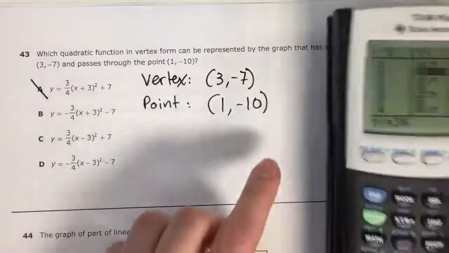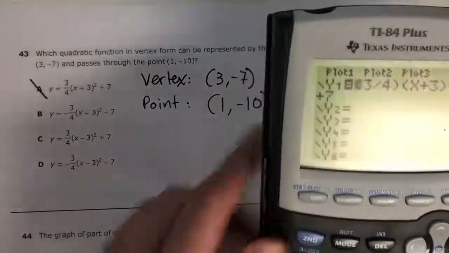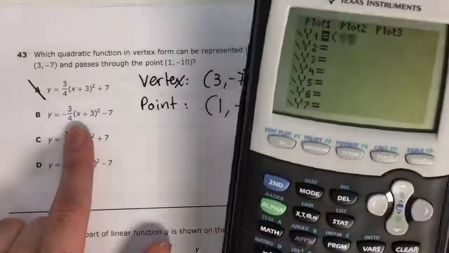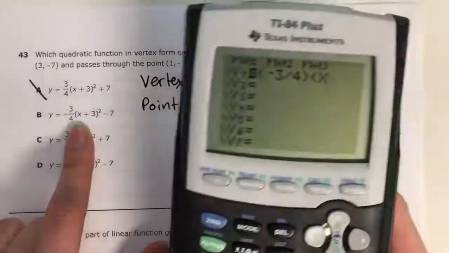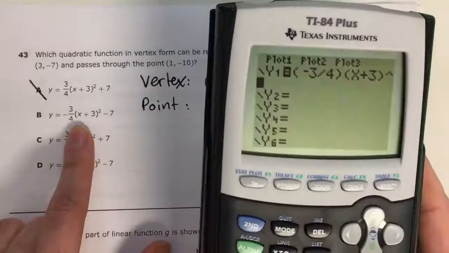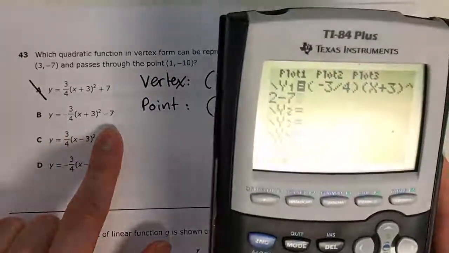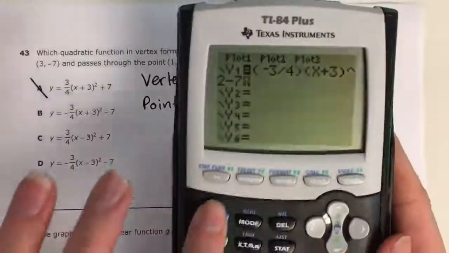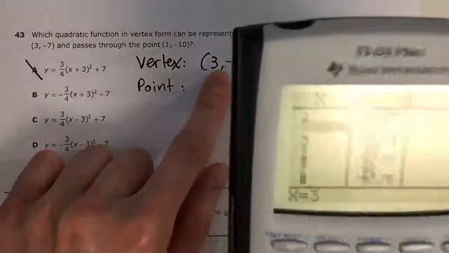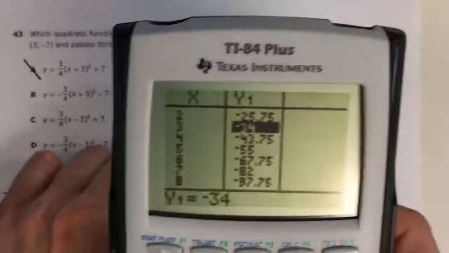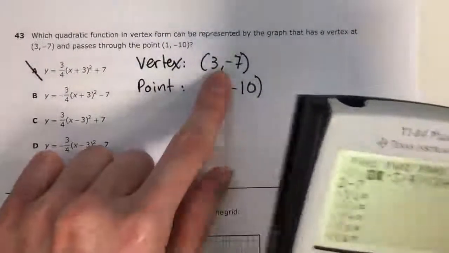Let's try B. Y equals, clear. Parenthesis, -3 divided by 4, parenthesis, x plus 3, parenthesis, squared, minus 7. Go to the table, second graph. Let's check the points. Is 3 with -7? No, 3 is with -34, so that's no good again.